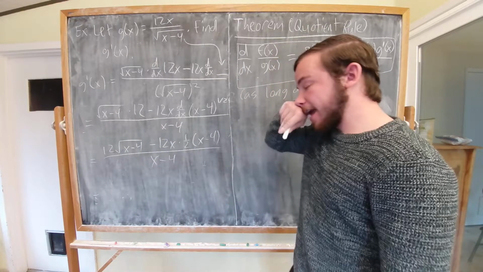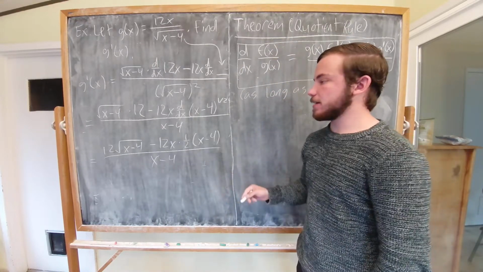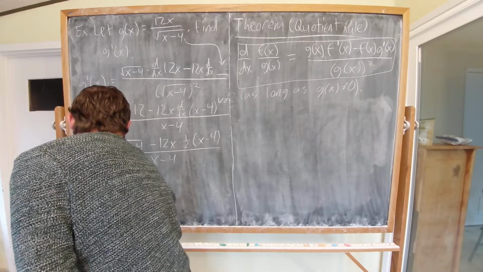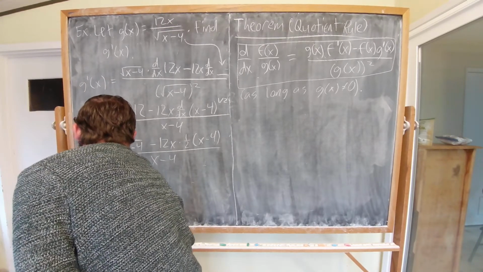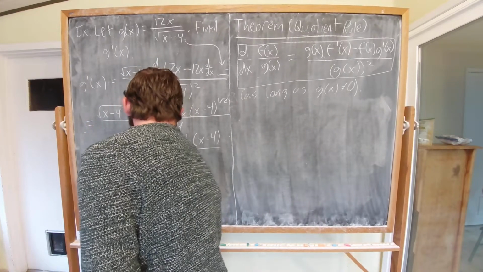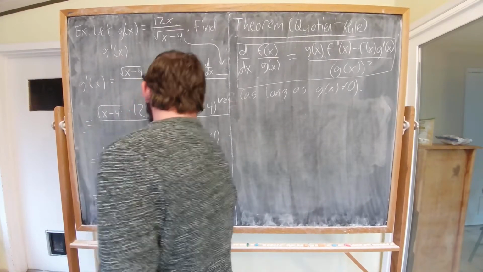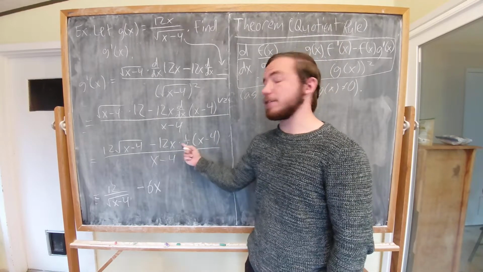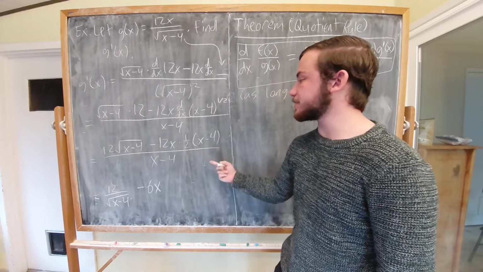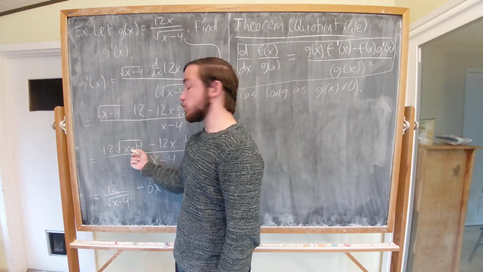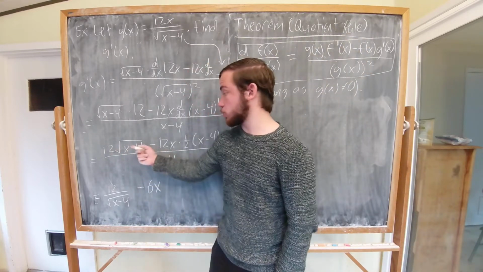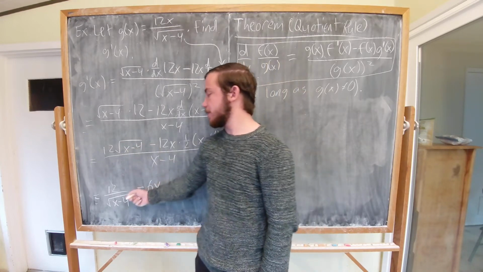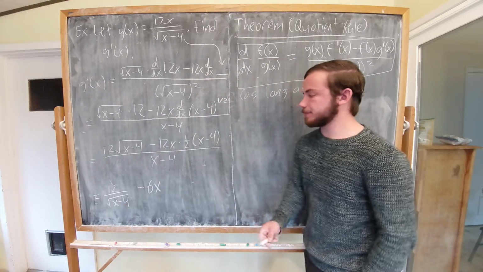Alright, and now if we started simplifying, this would give us 12 divided by the square root of x minus 4 minus 6x. That x minus 4 and that x minus 4 cancel out. 12x times 1/2 is just 6x. And then 12 times square root of x minus 4, this is 12 times x minus 4 to the 1/2 divided by a full power of x minus 4, and it leaves square root on the bottom.